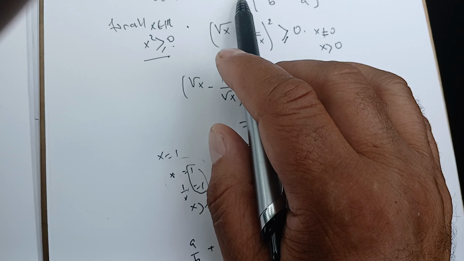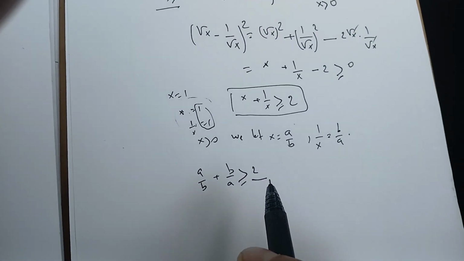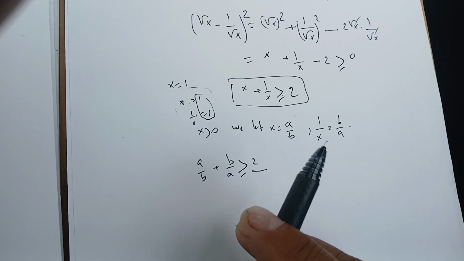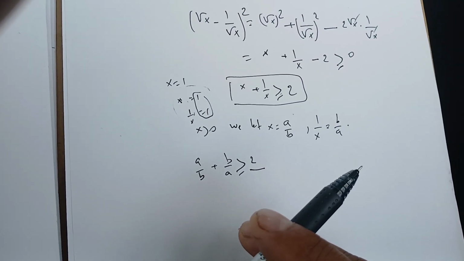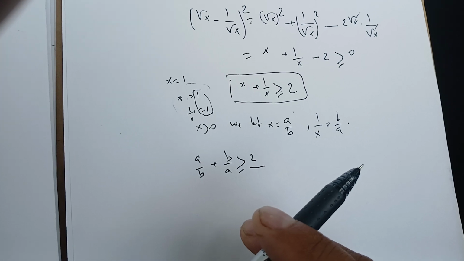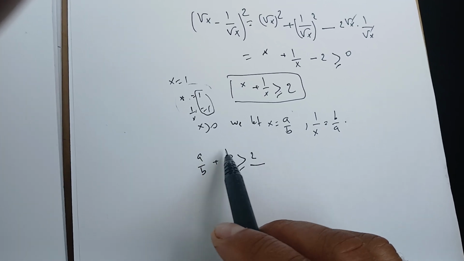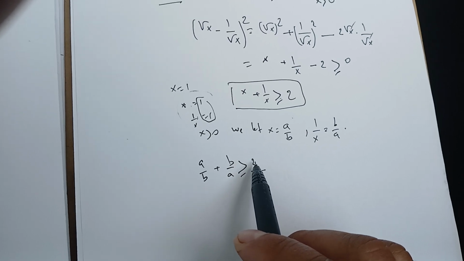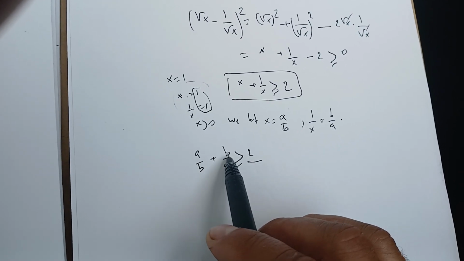So what's the minimum value for this one? It's 2. You can also do more than this. We can also graph the function and see that the minimum happens when these two numbers are equal.